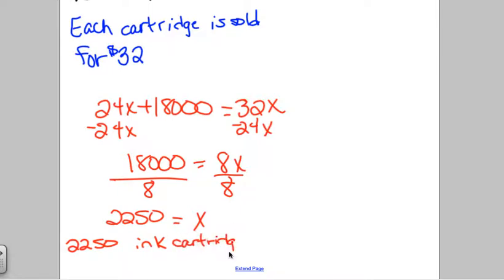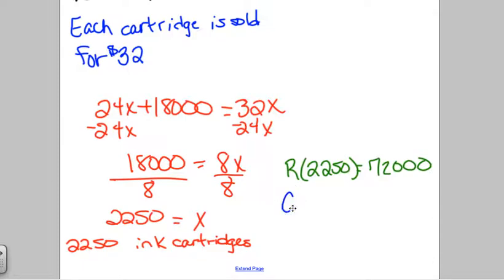Now, how do I figure out how much money that is? I want to know how much revenue that would produce. So I'm going to plug that into my R function. So if I sold 2,250 ink cartridges and made $32 off of each one, that means that my revenue for that is $72,000. Now that also means that I spent $72,000 because at the point I've sold 2,250, I am breaking even. My cost would be equal to my revenue.